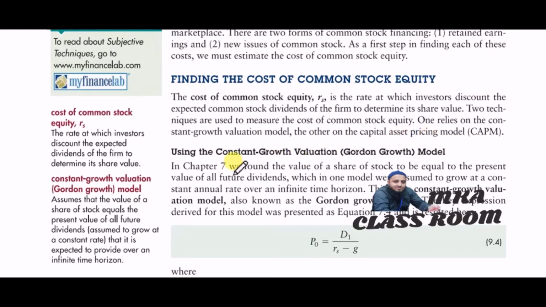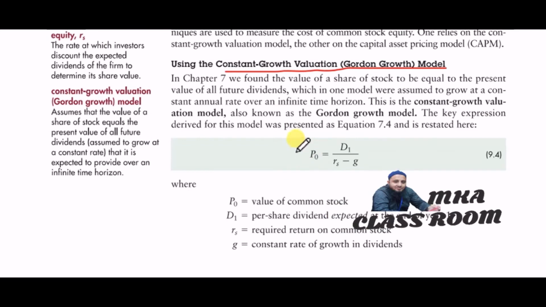One is the constant growth valuation model, or Gordon's model. Basically this is known as Gordon's model because this model was introduced by Myron Gordon. That's why it is treated as Gordon's model.